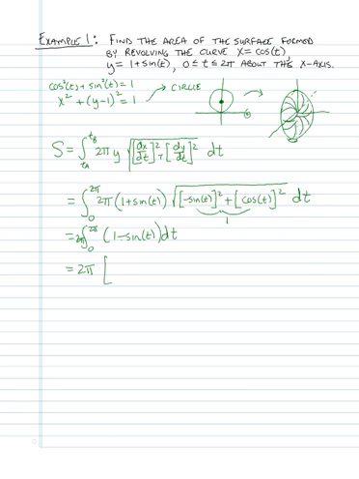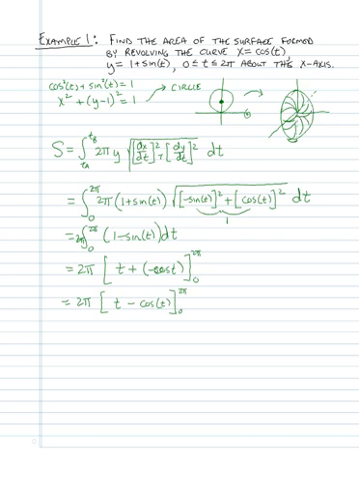The integral of 1 plus sine of t with respect to t is t plus the integral of sine t, which is negative cosine t. Whoops, negative cosine t. And we're evaluating that from 0 to 2 pi. That is, what we're doing is taking 2 pi times t minus the cosine of t. That's what I should have written first. And evaluating from 0 to 2 pi.